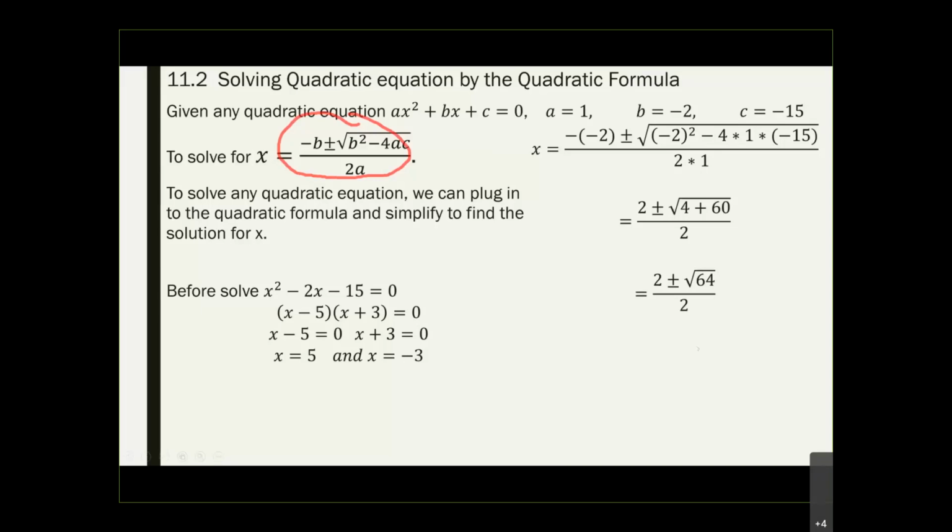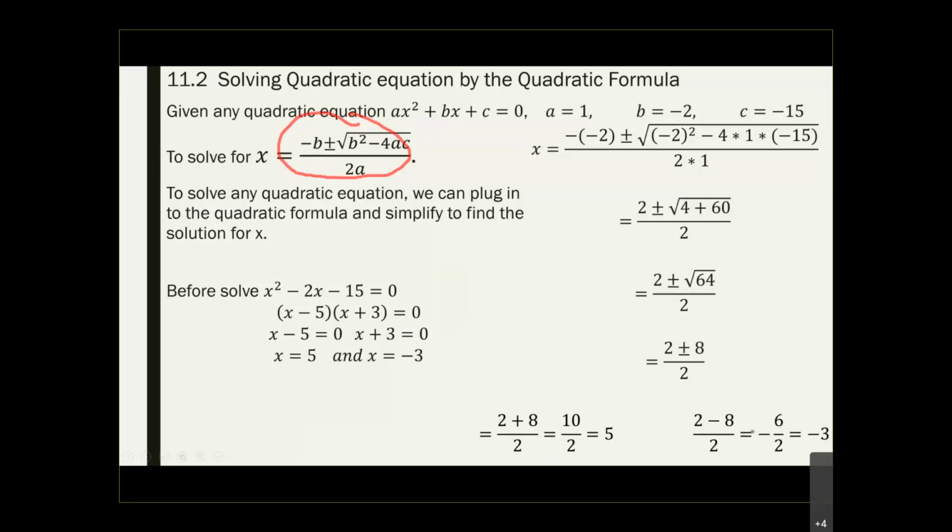The square root of 64 is 8. So we have 2 plus or minus 8, meaning 2 plus 8 and 2 minus 8. 2 plus 8 gives me 10, and 10 divided by 2 gives me 5. And 2 minus 8 is -6.